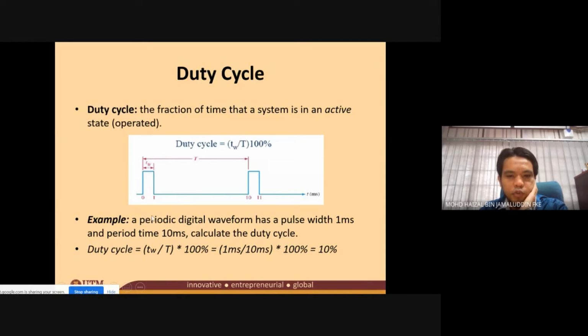So you need TW over T times 100% to get how many percent of the time the signal is in the active state, here representing 10% of the total time period.